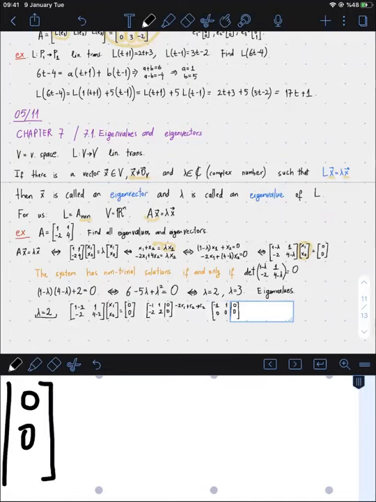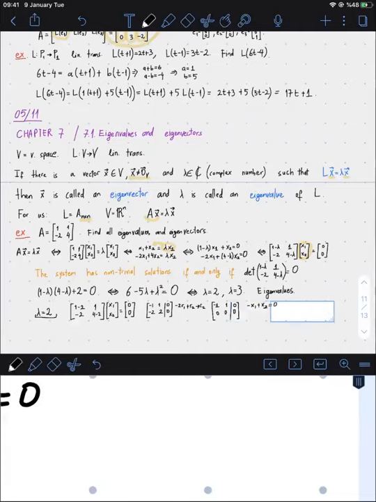Okay, so this means minus x1 plus x2 equals 0. What does this mean? This means I have only one equation for two unknowns, so I will have infinitely many solutions. So I can call x2 as r, then x1 will be r as well.